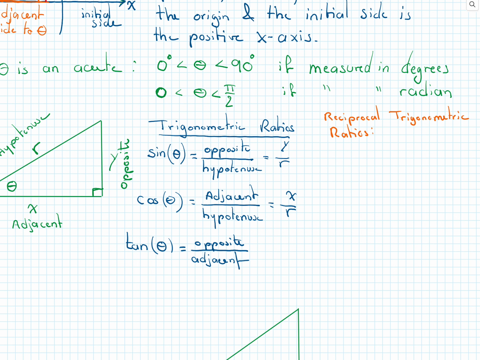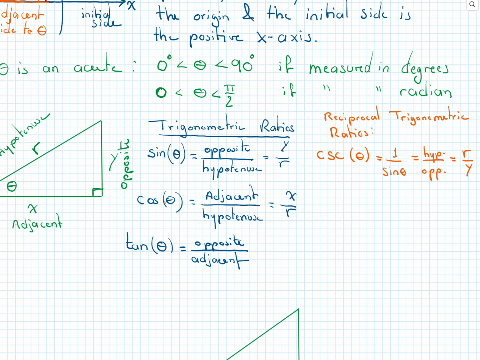So the one that goes with sine will be cosecant of theta, and that will be 1 over the sine of theta, and that will be the hypotenuse over the opposite, which is really just going to be r over y.